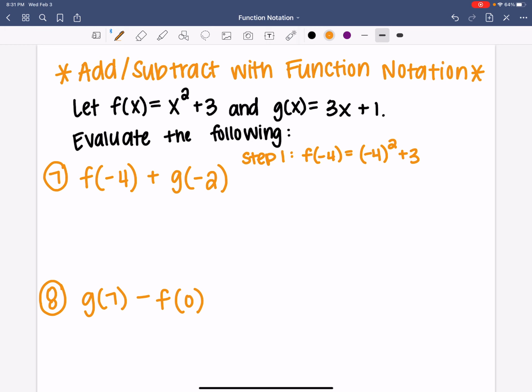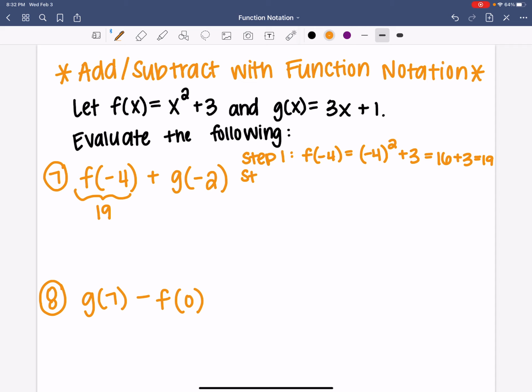Now -4 squared is -4 times -4, and that is a positive 16. And when I add 3 to that, we get 19. So f of -4 is 19.